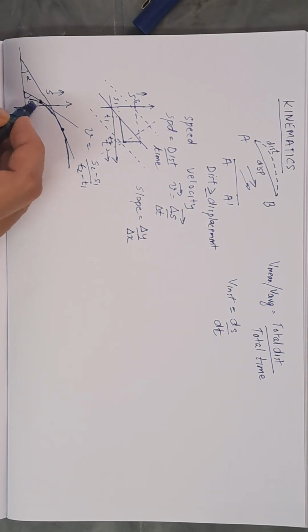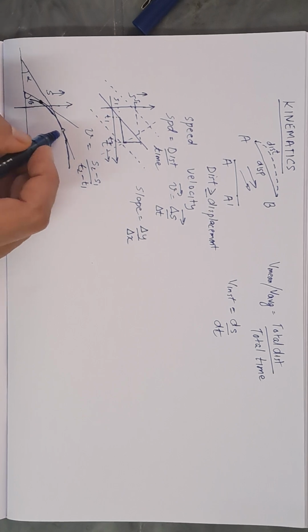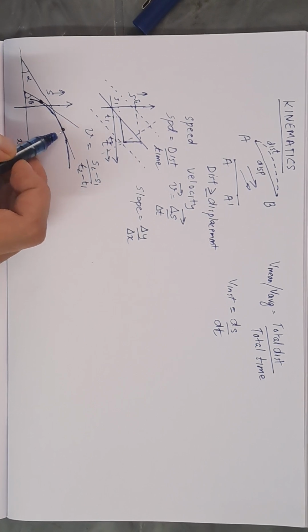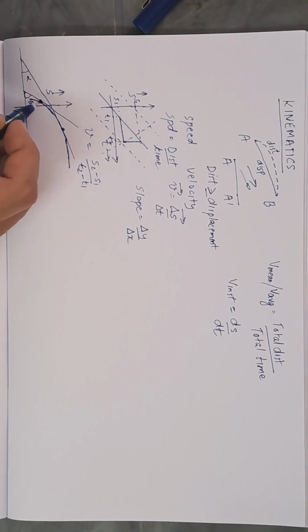So the ds by dt at this point is one thing, and ds by dt at this point is something else. The reason is s is changing with respect to time at this point at a different rate as compared to the rate at which s changes with respect to time at this time instance.